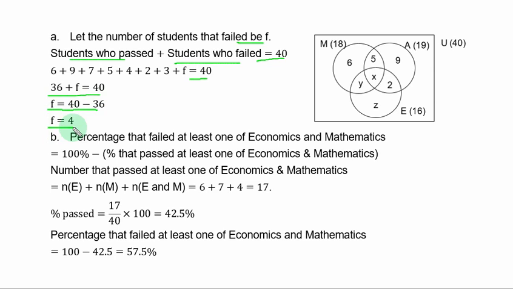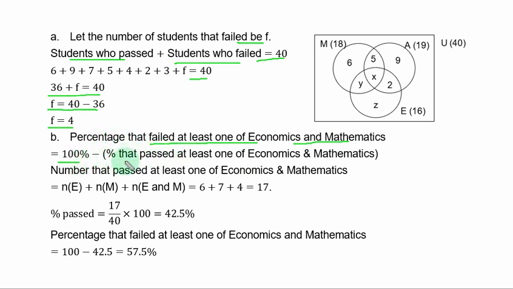B part of the question, percentage that failed at least one of economics and mathematics plus those that passed at least one of economics and mathematics is equal to 100%. We are interested in this one.